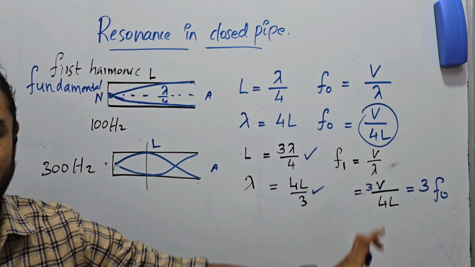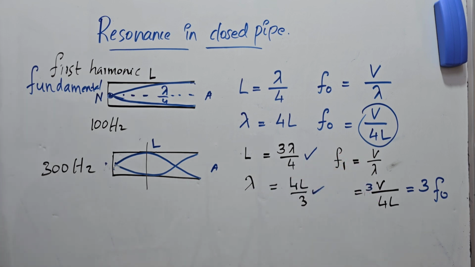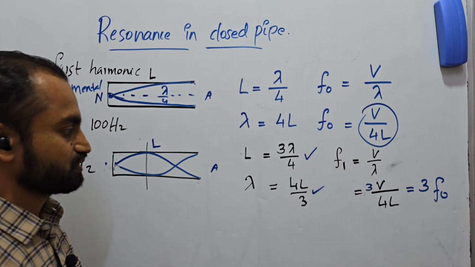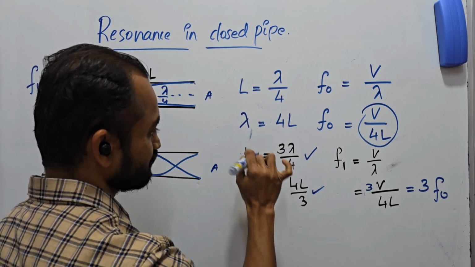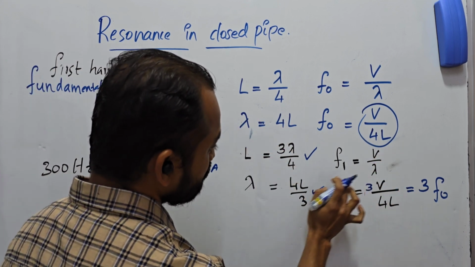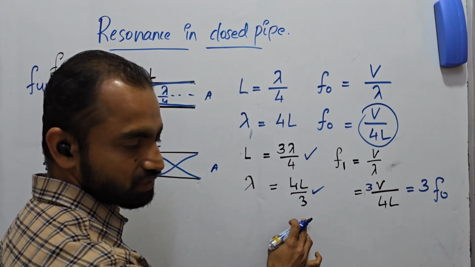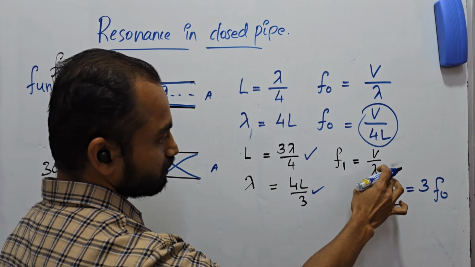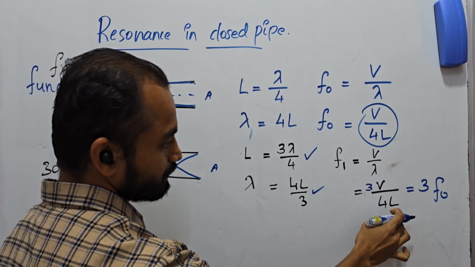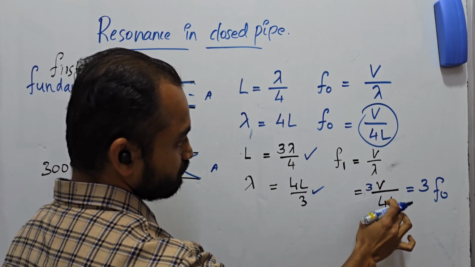Frequency is V by lambda, right? The basic equation of frequency. Here lambda is 4L by 3. I substituted 4L by 3 for this lambda. Okay, so I got 3V by 4L.